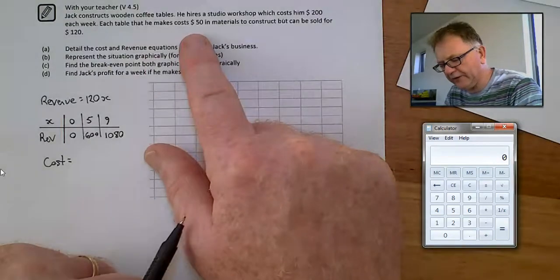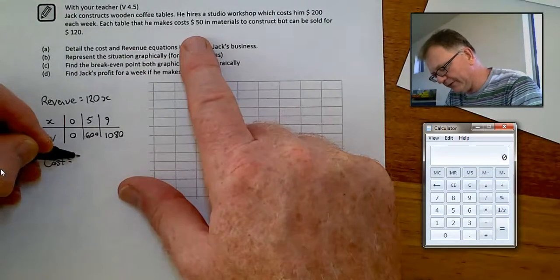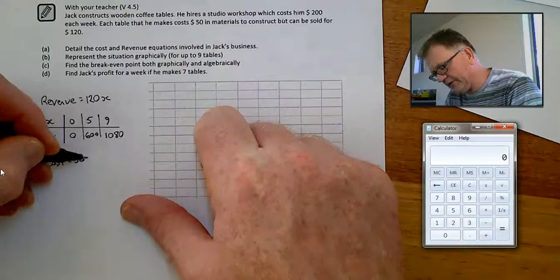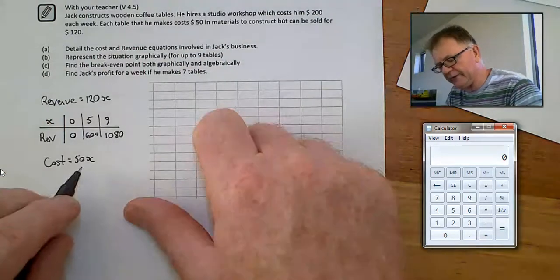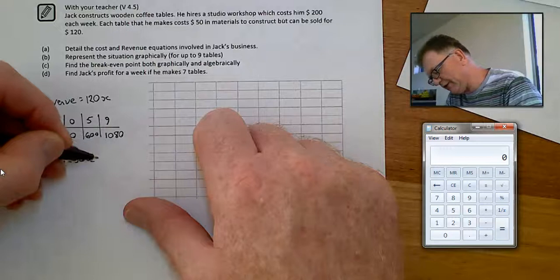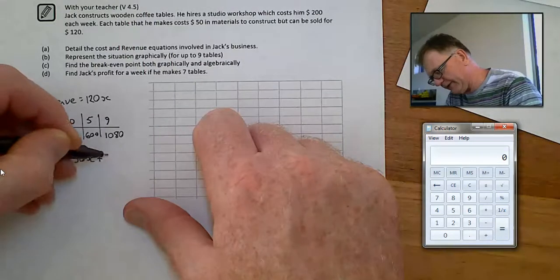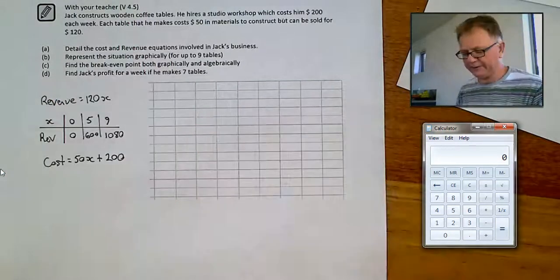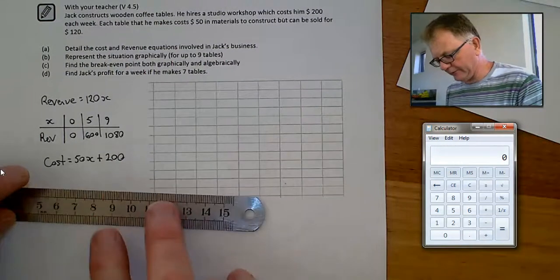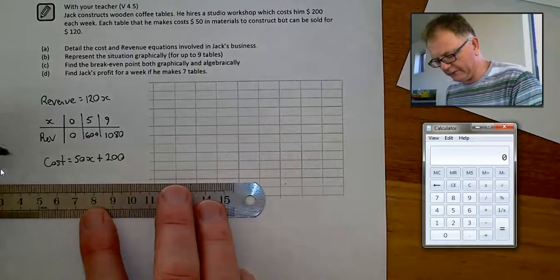The cost is going to equal $50 times the number of tables that he makes. That's the variable cost per table, plus the fixed cost for studio hire of $200 per week. Let's have a look at it in the form of a table, and then we'll put them on a graph.